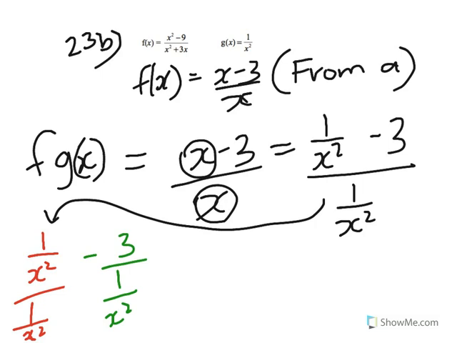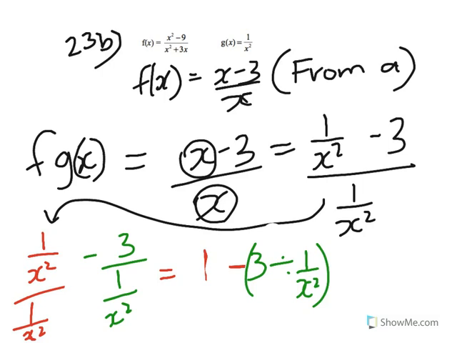Now 1 over x squared over 1 over x squared is nothing but 1. So that gives us 1. So this is equal to 1 minus, I'll put this in a separate bracket, 3 divided by 1 over x squared, because 3 over 1 over x squared is nothing but 3 divided by 1 over x squared.